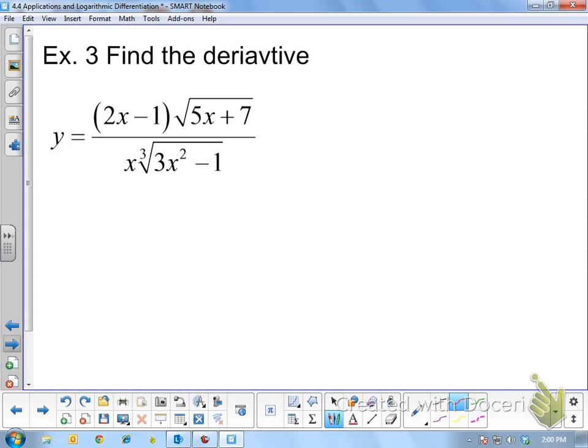But if I use the same tactic I used on the previous problem, I can make this still a very long derivative, but a lot easier to take the derivative of. So what tactic did we use? What did we start with?